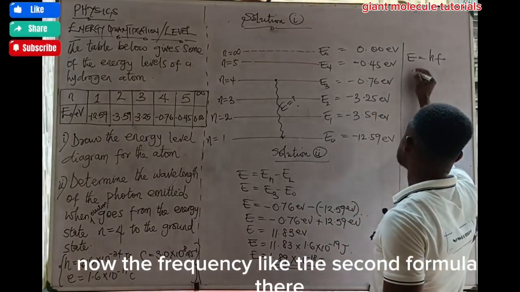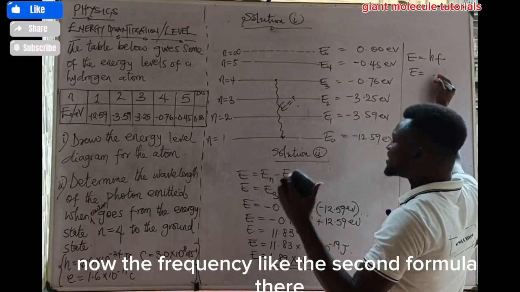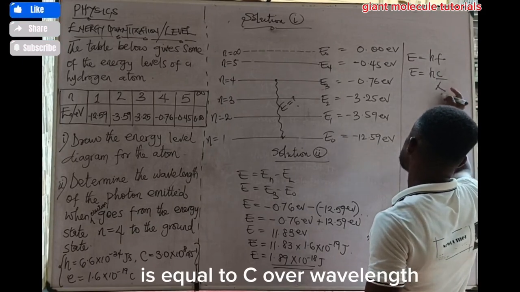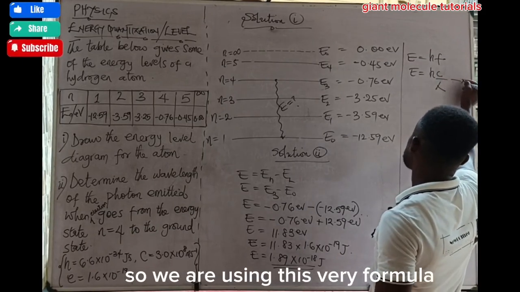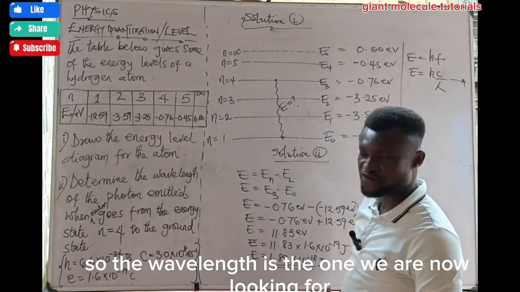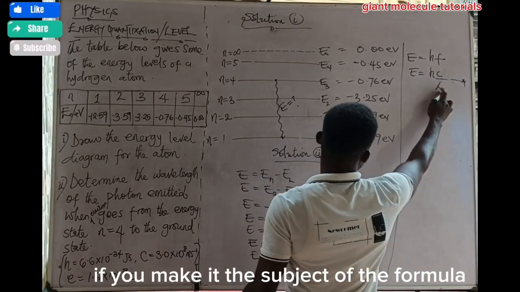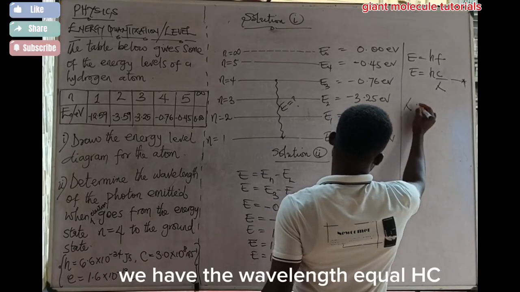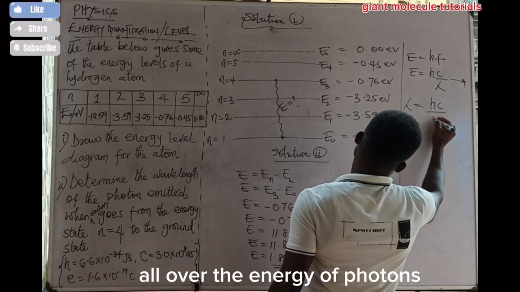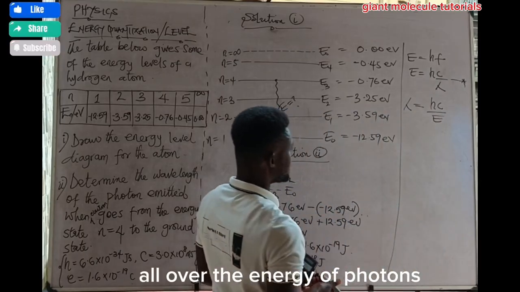Now the frequency, like the second formula there, is equal to c over wavelength. So we are using this very formula. The wavelength is the one we are looking for. If you make it the subject of the formula, we have the wavelength equal to hc all over the energy of photons.